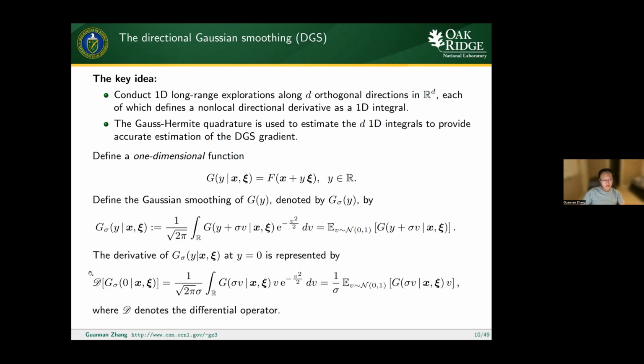With that, we can take a derivative of g sigma to get the directional derivative of the smoothed function along the direction ξ. This defines a non-local directional derivative. You can see we also have a sigma here, but this sigma can be much bigger because we only involve a 1D integral along that specific direction ξ.